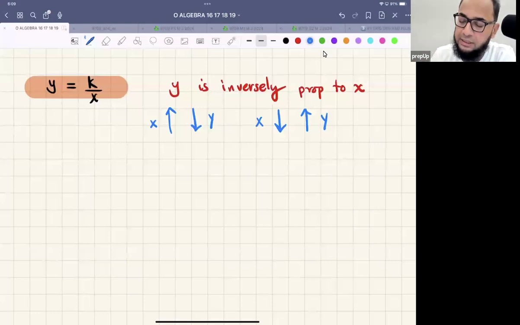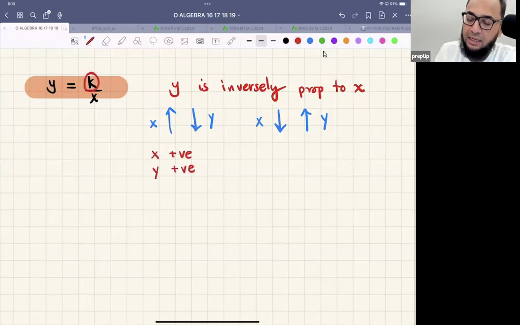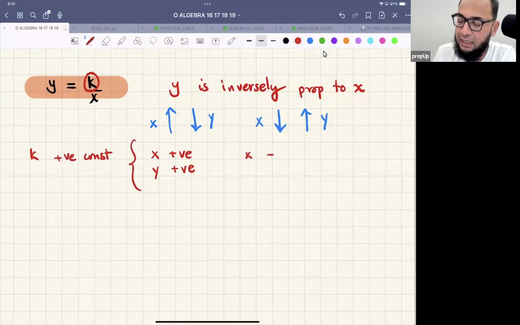One more thing: when x is positive, y is positive, provided we are taking k to be a positive constant. So if k is a positive constant, if x is positive, y is positive. If x is negative, y is negative.